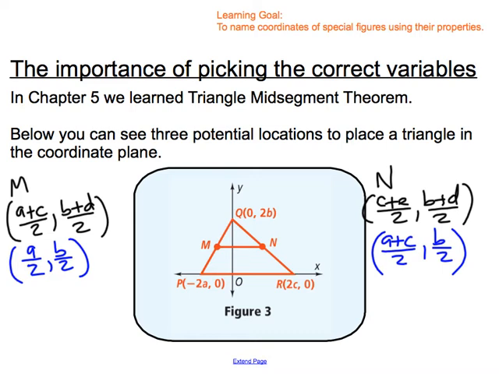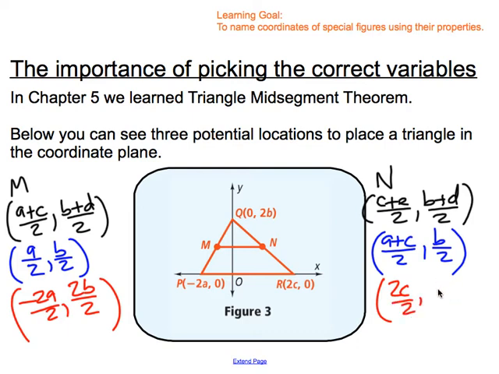In this case, if we're looking for the midpoint of M, we take negative 2a plus 0 and divide that by 2. And for the y coordinate, we take 0 plus 2b, or 2b, and divide by 2. And for the coordinates of N, we take 0 plus 2c and divide by 2.